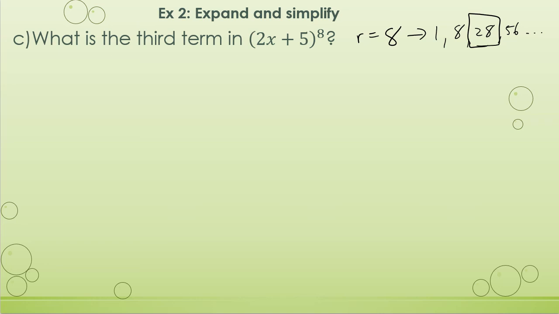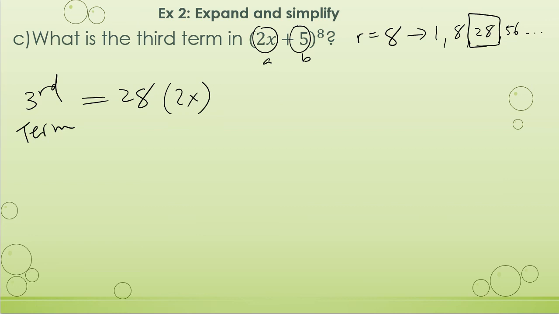So that means my coefficient is going to be, so the third term equals 28. This is my a value. This is my b value. So 2x.